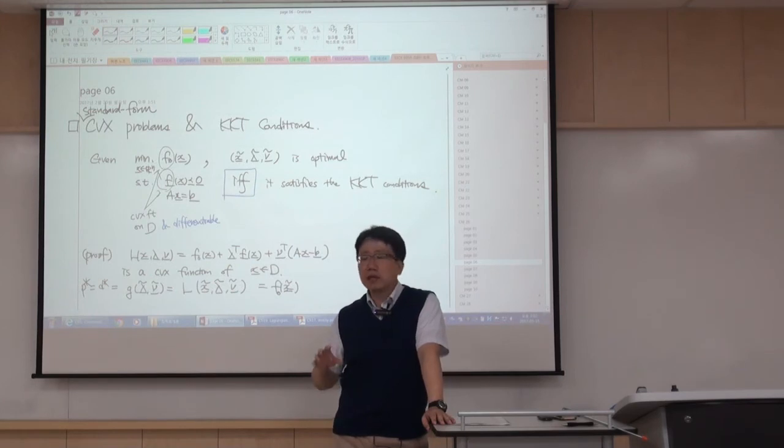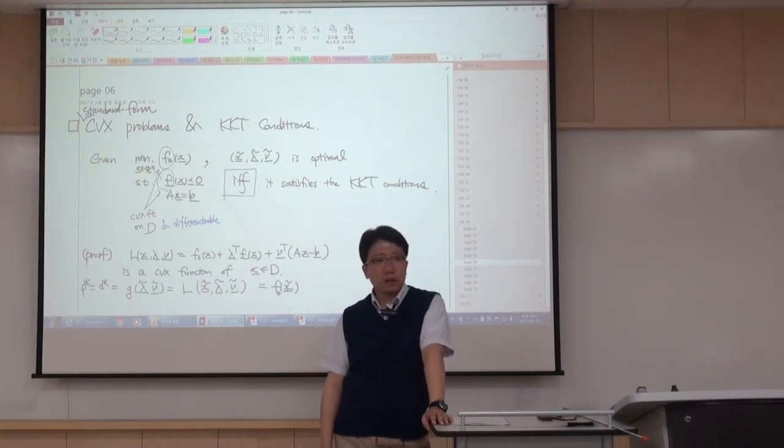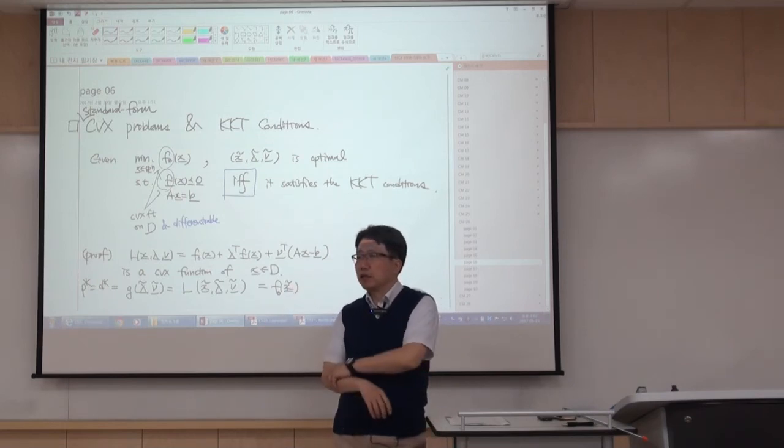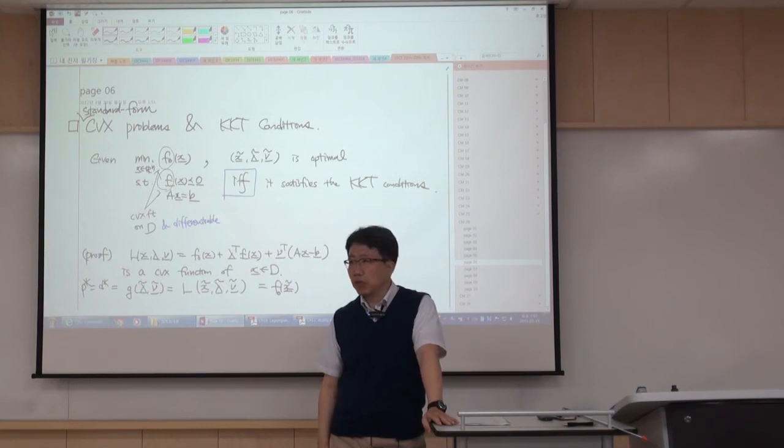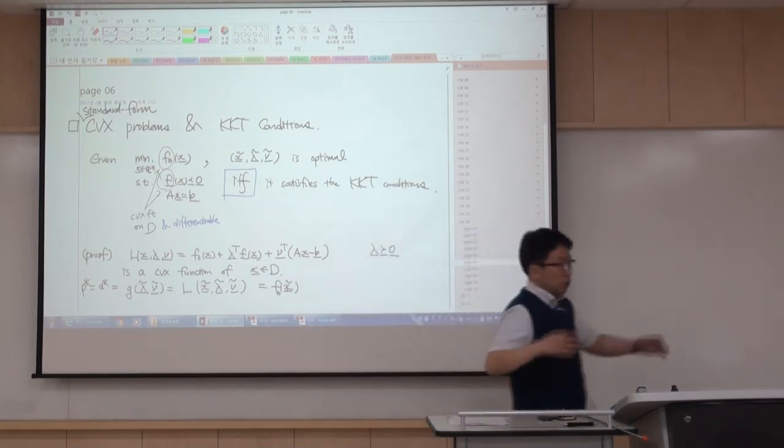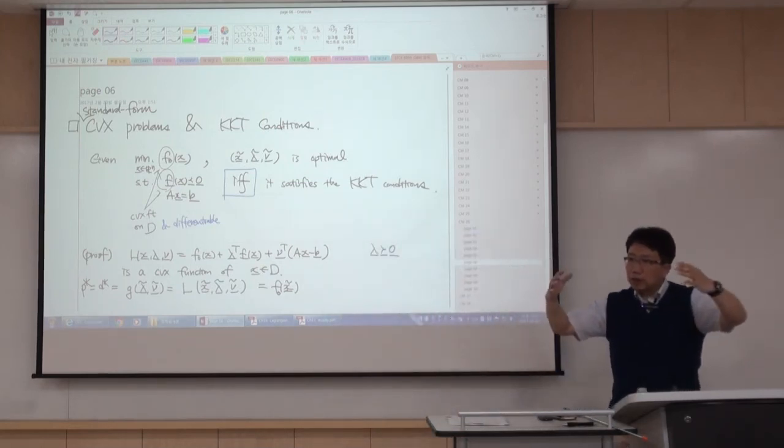Second, the KKT conditions come from primal optimality, dual optimality, and the differentiability. Third, the necessity and sufficiency of the KKT conditions come with the assumption of standard form convex optimization problem. Got it? So we restrict our attention a little bit.